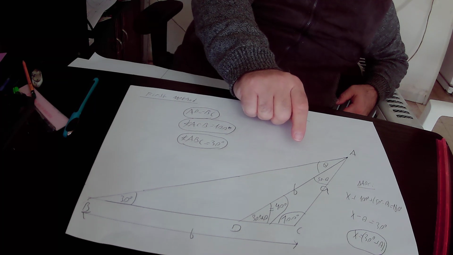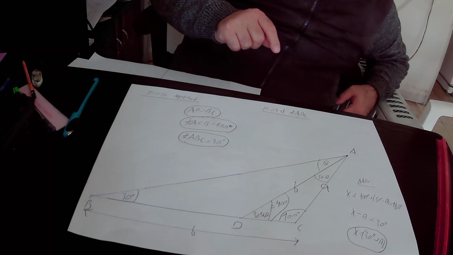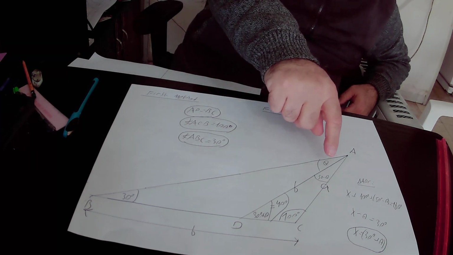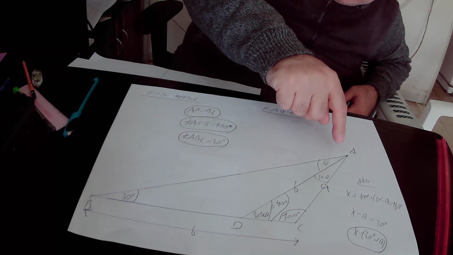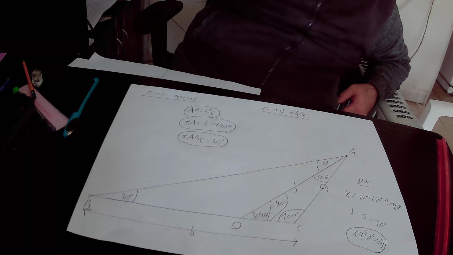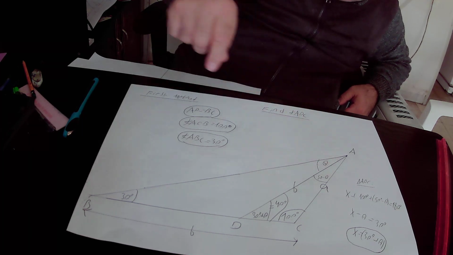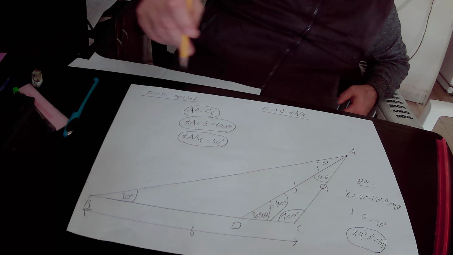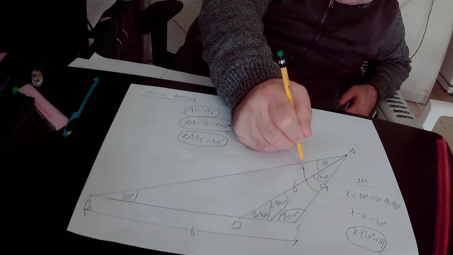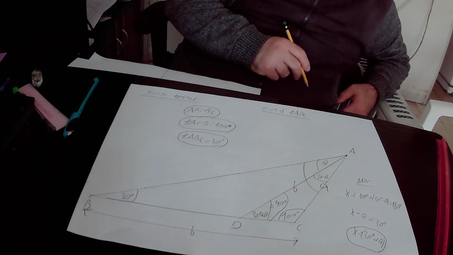Okay, then I copied triangle ADC to a new page, and we implemented the law of sines in this triangle ADC. First of all, we have already found out that angle BAC equals 50 degrees.